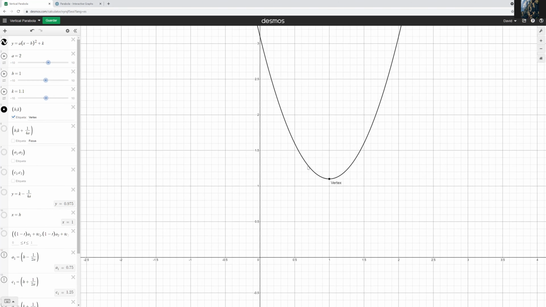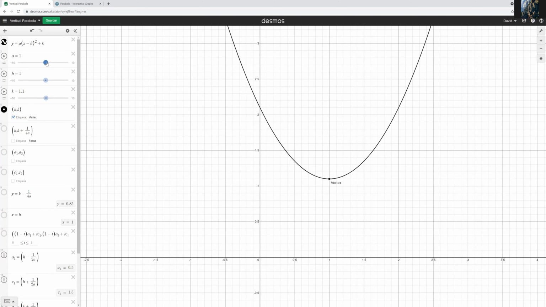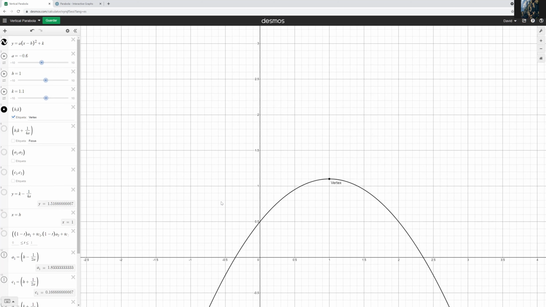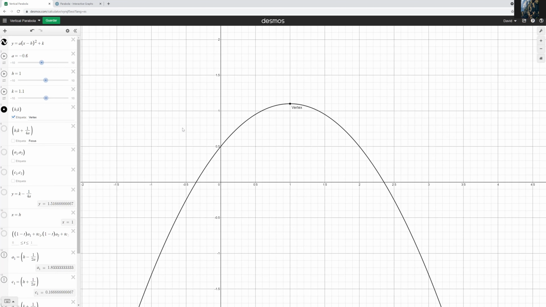In this case, the parabola is opening upwards. Therefore, what we have as the vertex is the minimum point. If this parabola would be opening downwards, such as this way, then the vertex would be the maximum point.